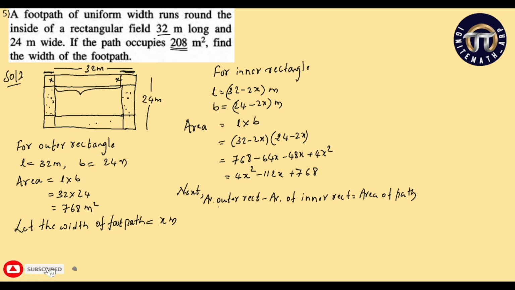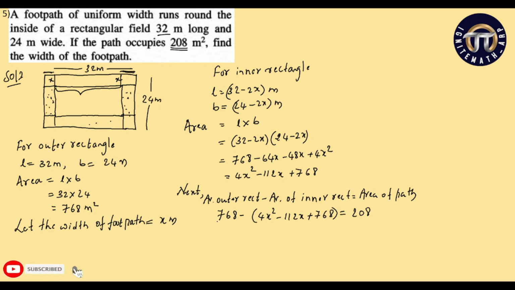So what is the area of the outer rectangle? I have got it as 768 minus (4x square minus 112x plus 768) is equal to the area of the path, which is given to you, that is 208.